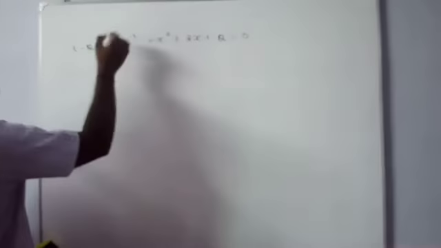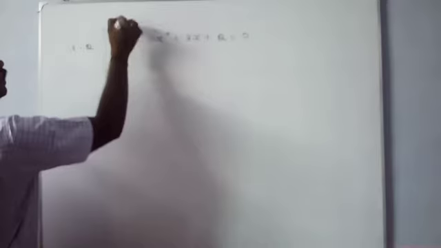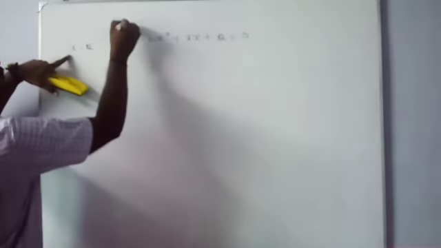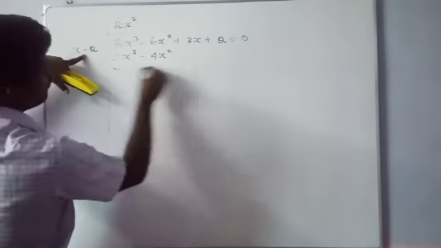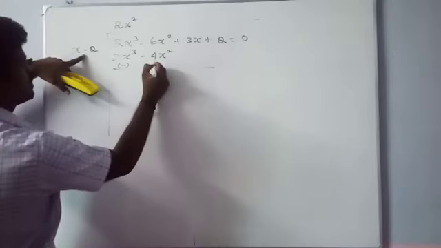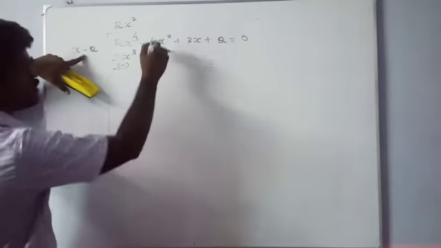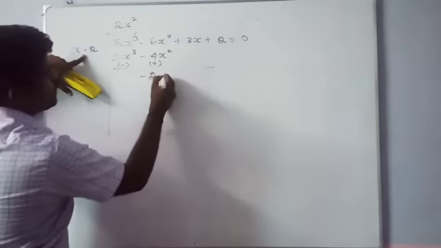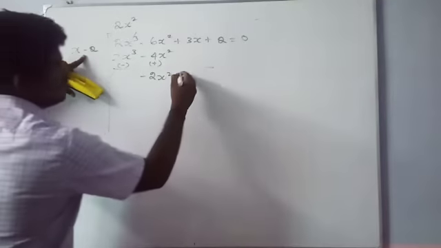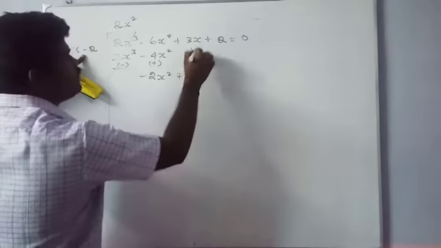Now we divide using synthetic division. First of all, take 2. Here x cube is there, so x square. 2 into x, 2x cube minus 4x square. This is minus and this is plus, cancel these two terms. What is the value? Minus 2x square. Take 3x downward. Minus 2x square, so minus 2x here.